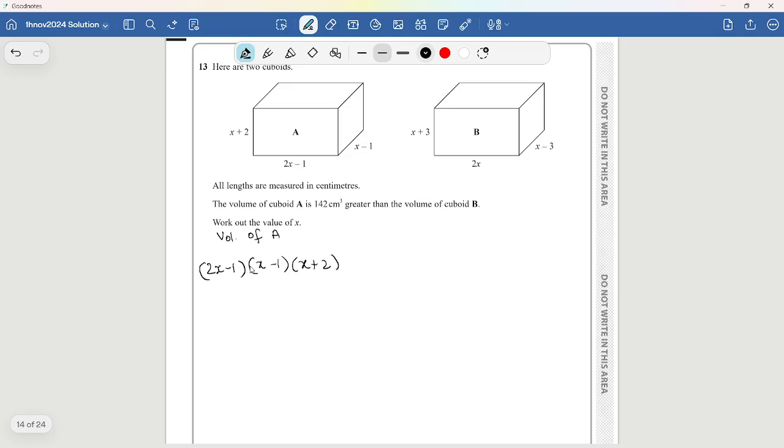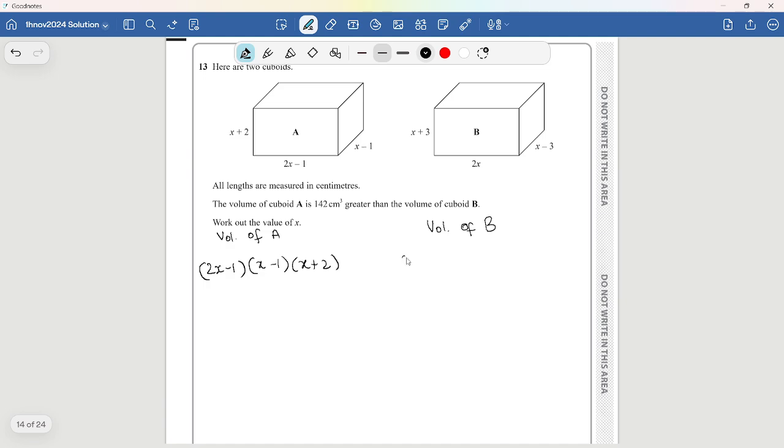So this is just an expression. I will do the similar thing for cuboid B and try to see if I can connect them using an equation with the information given here. So we have this information that the volume of cuboid A is 142 centimeter cube greater than the volume of cuboid B. So whatever the volume of cuboid B we get, the volume of A is 142 more than the volume of B. So let's first figure out an expression for the volume of cuboid B. Similar way as we did for A, length times width times height.